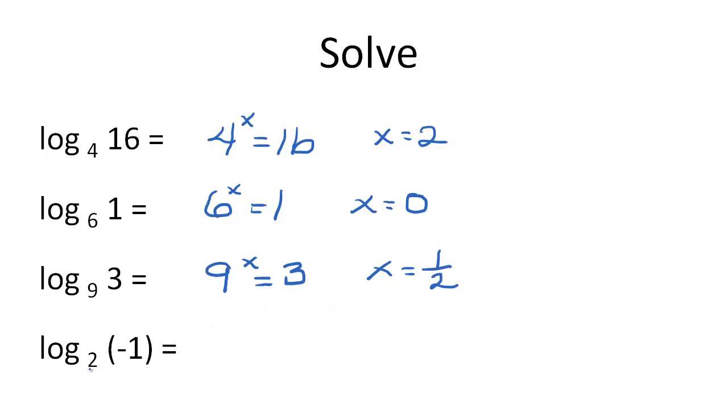And finally, log base 2 of -1 is equal to what? So 2 to what power equals a -1? Can we take 2 to any power and get a -1? No, so empty set or undefined.